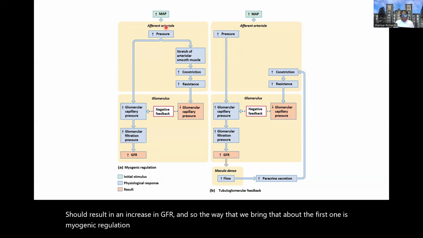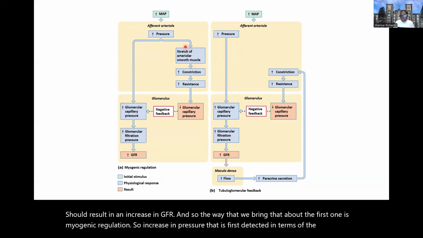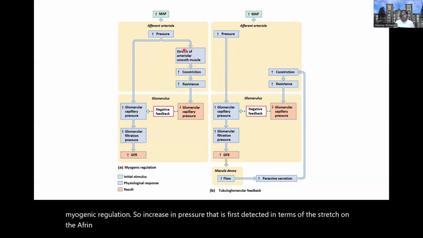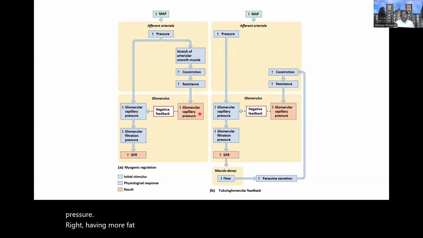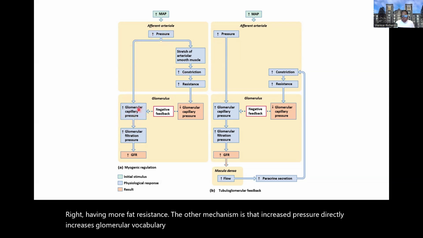So an increase in pressure is first detected in terms of the stretch on the afferent arteriole. Their smooth muscle cells will detect that stretch, and in response, they constrict. That increases resistance, and then that decreases our glomerular capillary pressure, right? Having more of that resistance. The other mechanism is that the increased pressure directly increases glomerular capillary pressure. All right.